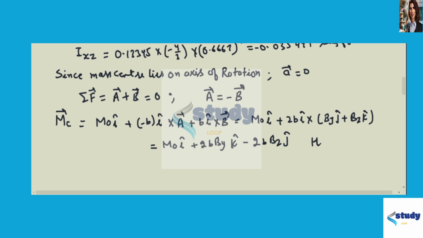Here remember it, 2b is 40 inch, which is 3.333 feet. Say this equation is the third equation.